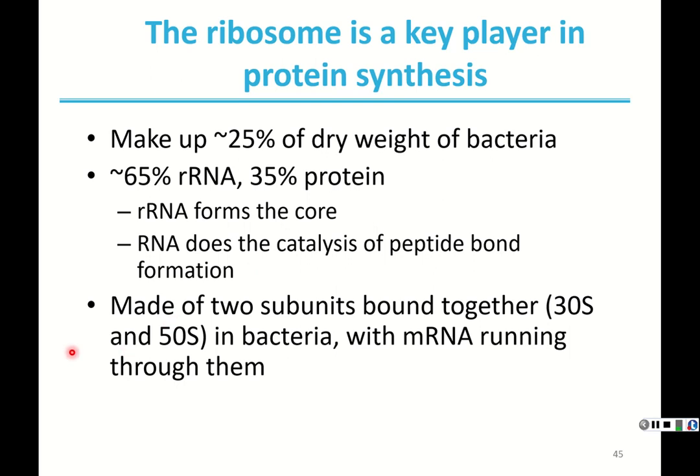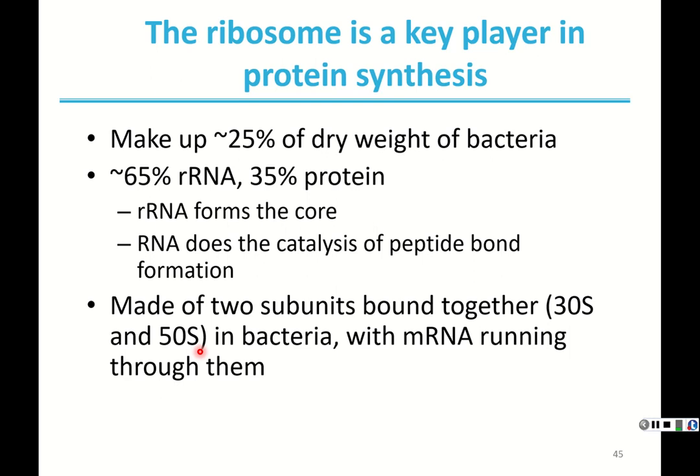Ribosomes are made up of two subunits bound together. In bacteria, they're called the 30S and the 50S, one smaller and one larger.